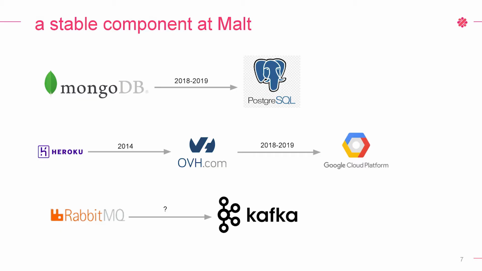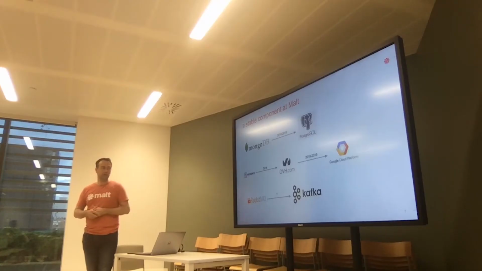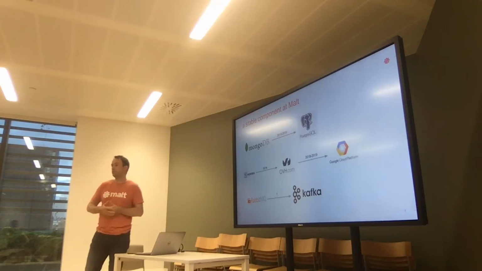After 7 years now, Elasticsearch is one of the most stable components at Malt. To compare with the other components, MongoDB, for example, we chose to use MongoDB in 2012. Now we are slowly moving to Postgres.